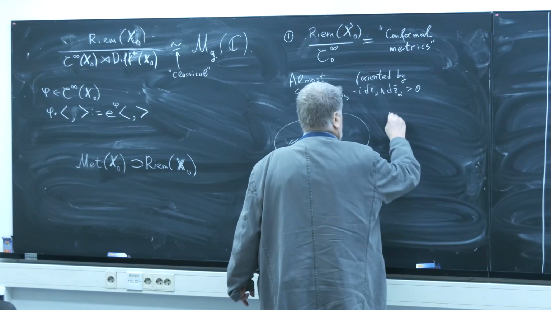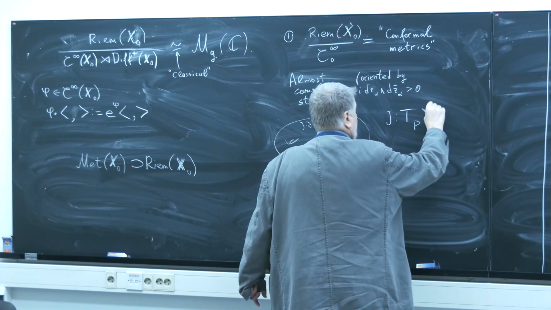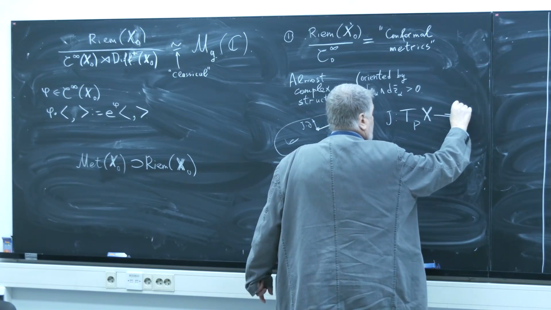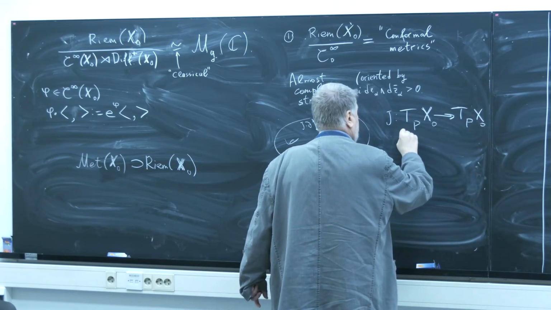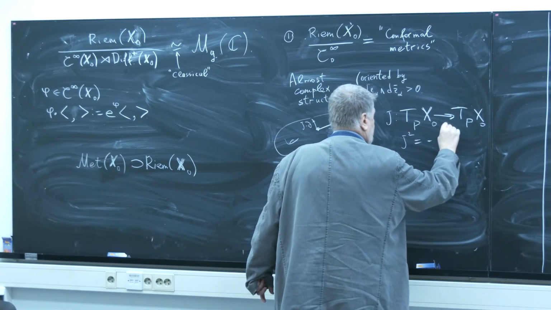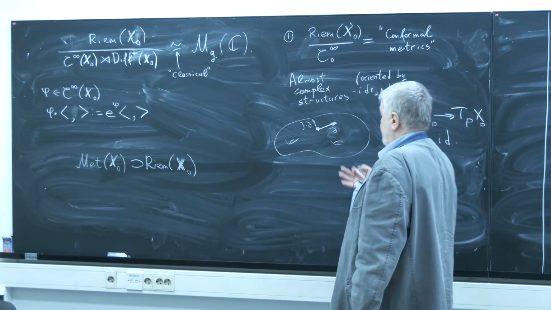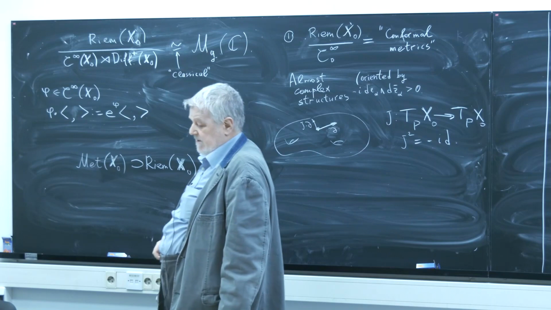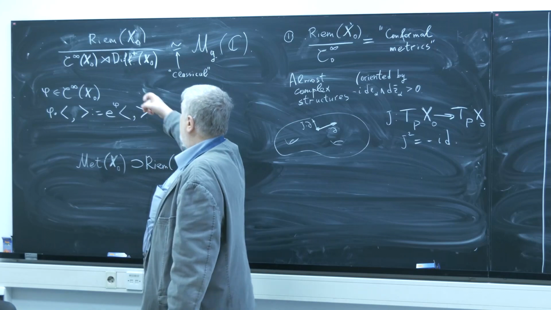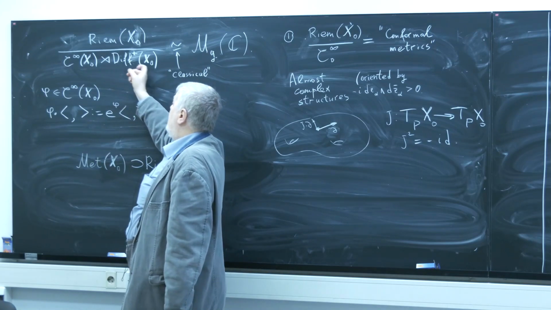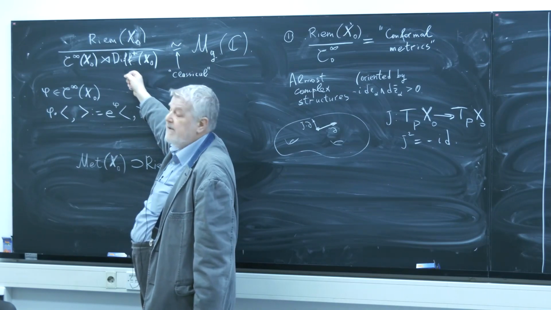So J X in any tangent space with the square minus, this is one of the ways to fix conformal metric, and then we have a very nice definition of the action of the other group.